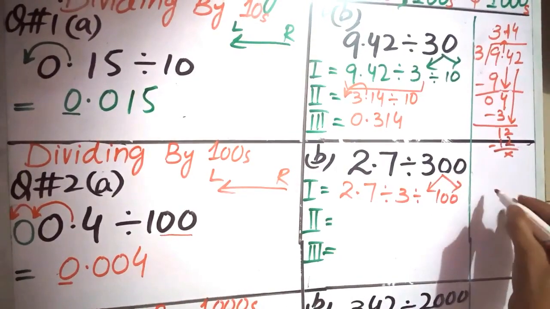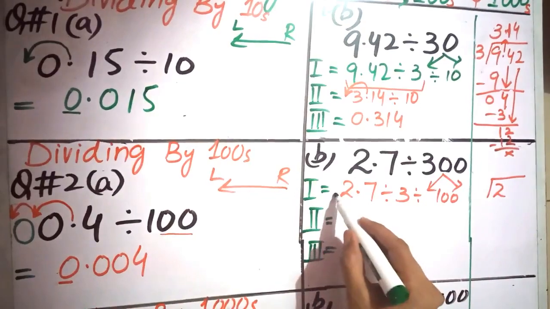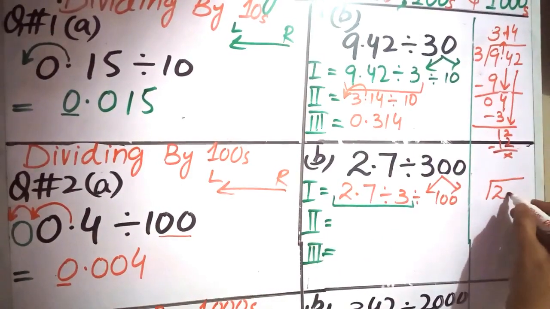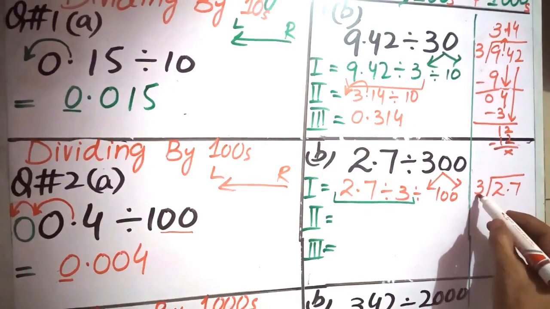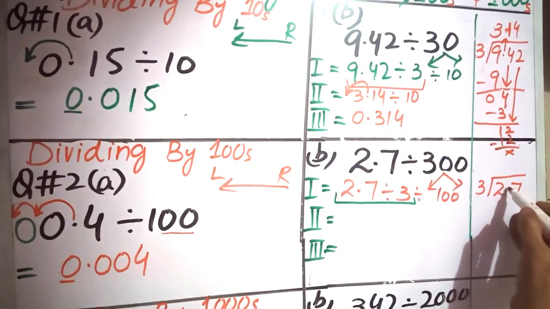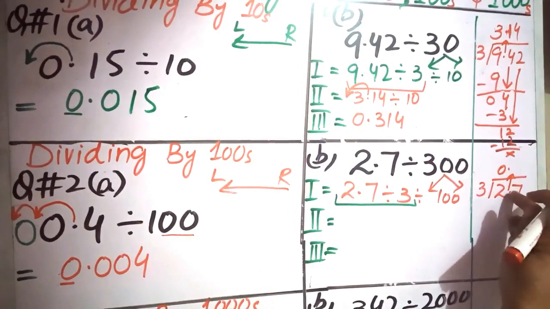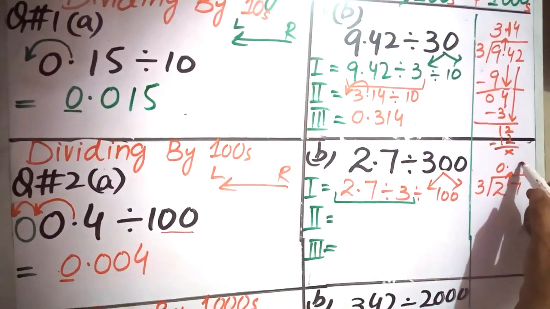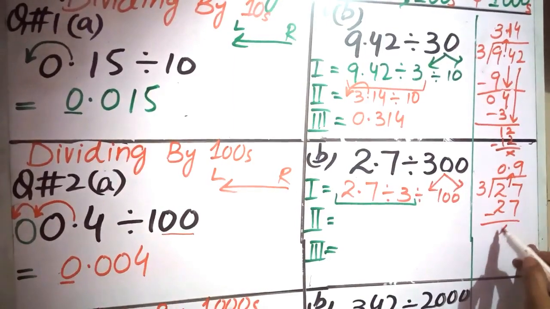Again, we will divide these both numbers. 2.7 divided by 3. 2 is less than 3, that's why we'll shift the point here to make it 27. Now 3 nines are 27.